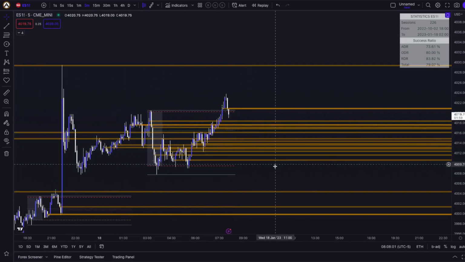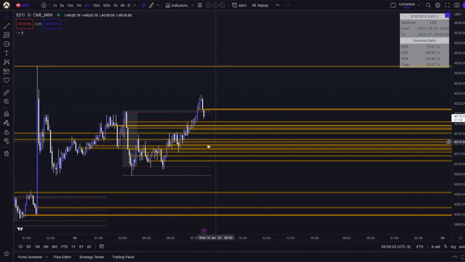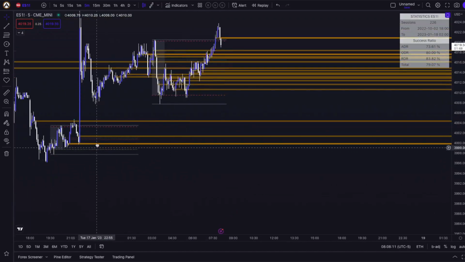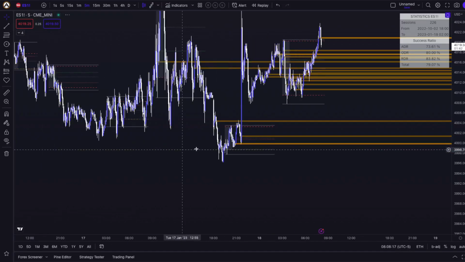We see that overall we have lots of volume imbalances in this area that could potentially support price from continuing further down, but we also have a few left behind volume imbalances right here that could also very likely be filled today.